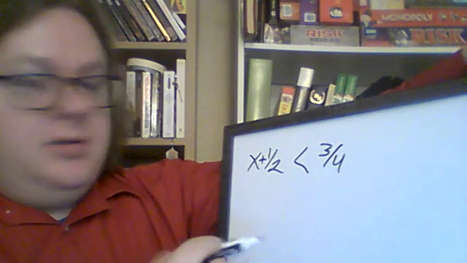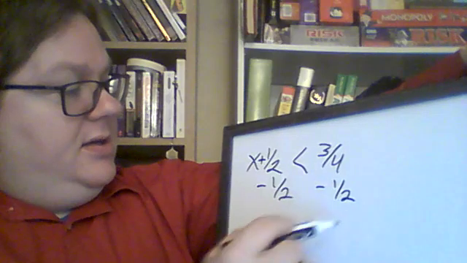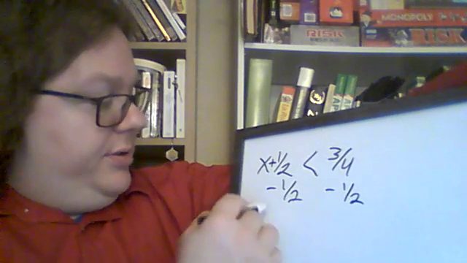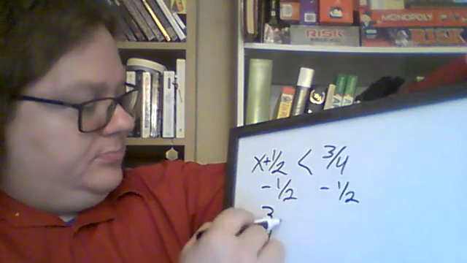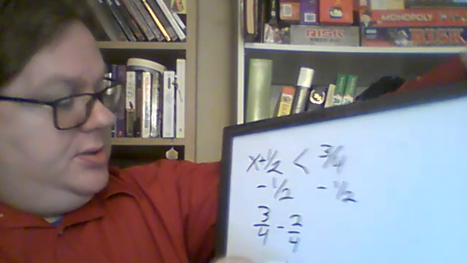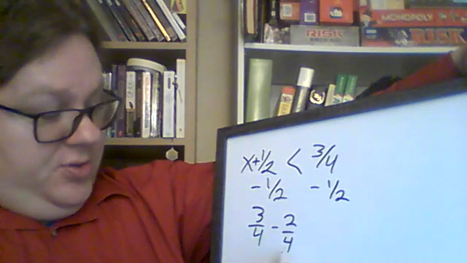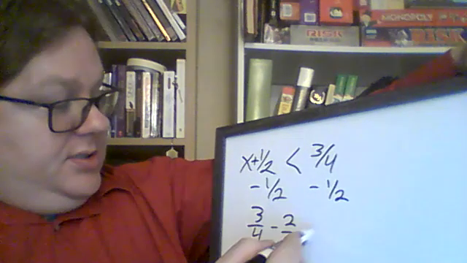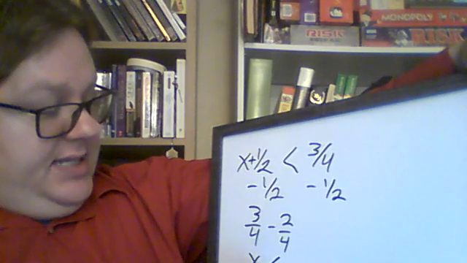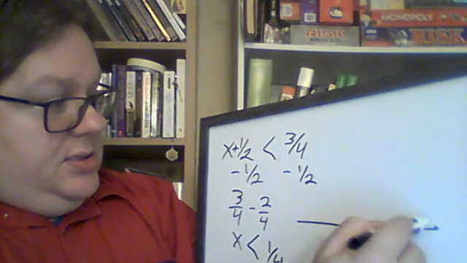Minus 1/2, minus 1/2. 3/4 minus 2/4, because 1/2 translates to 2/4 if you multiply both the top and the bottom by 2. So that's x is less than 1/4.